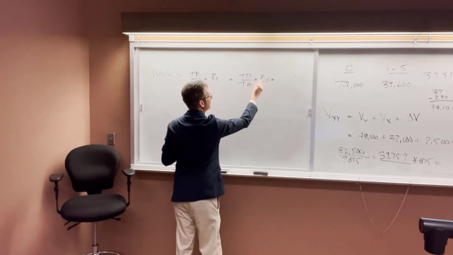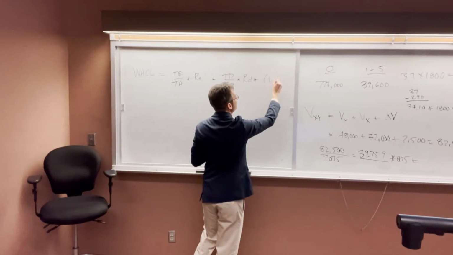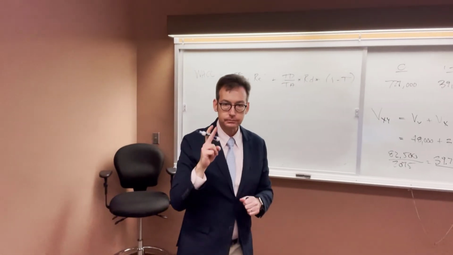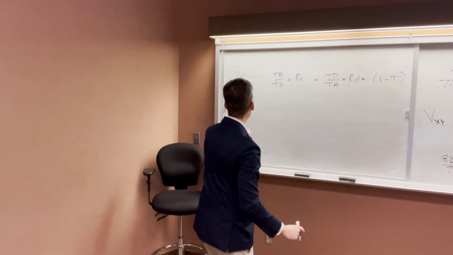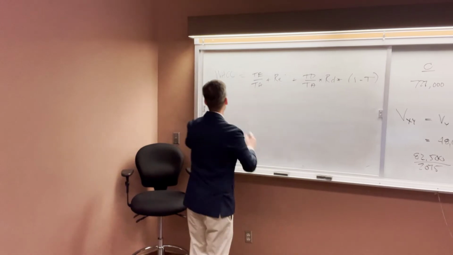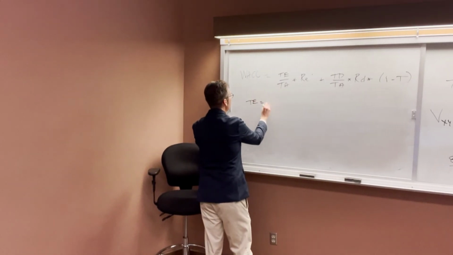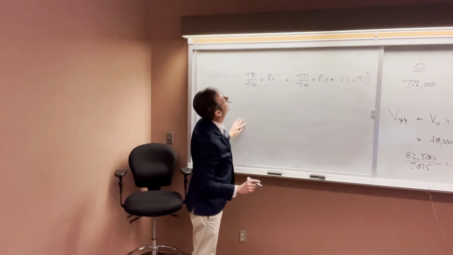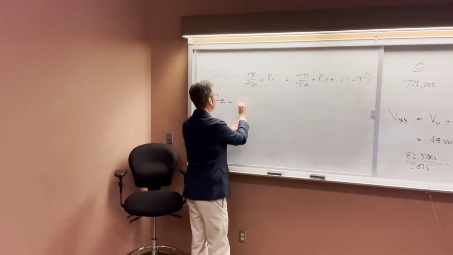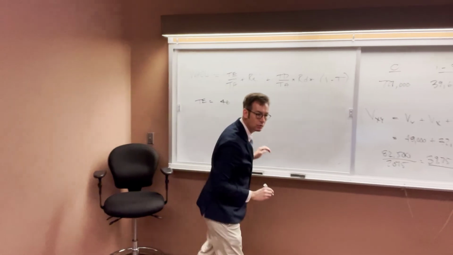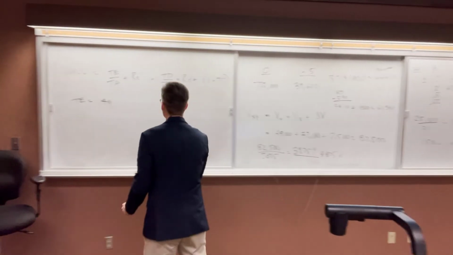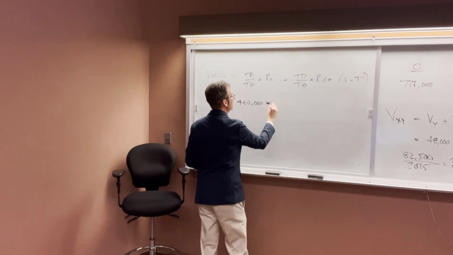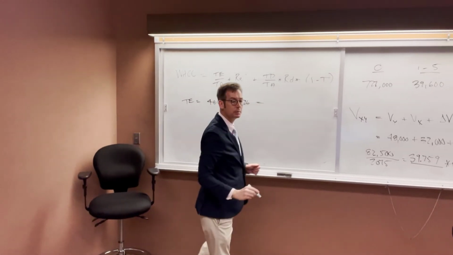What is it? 1 minus the tax rate, because interest is tax deductible. Now let's figure out how we're going to get total equity. Can anyone tell me how to calculate total equity? The stock price times shares outstanding. Yeah, so 480,000. And how much are they selling for per share? 66. Can someone do that math for me, please?